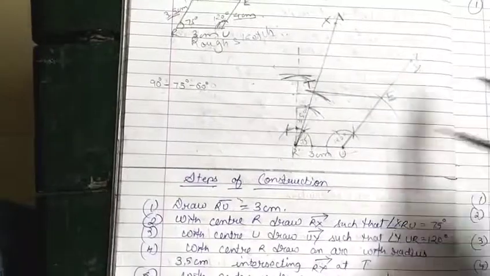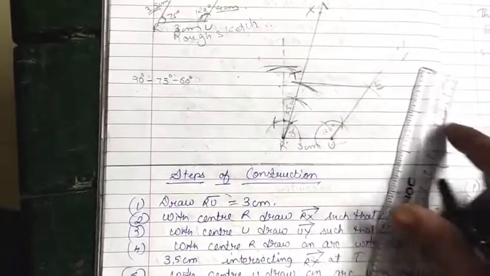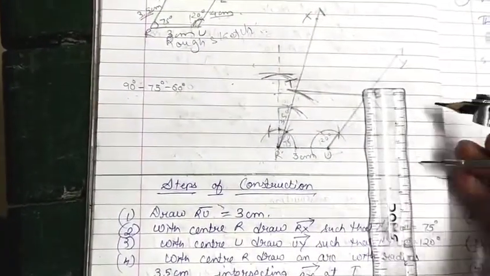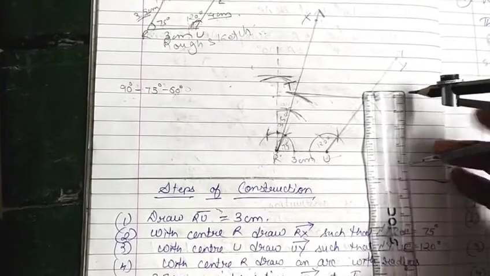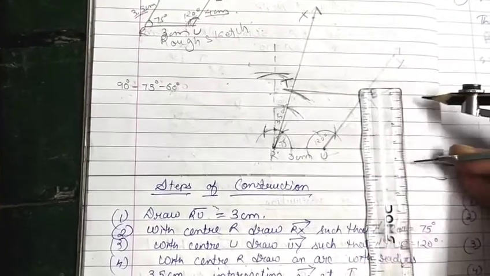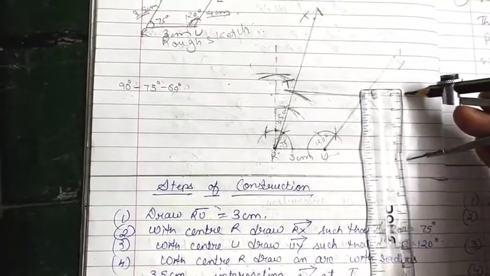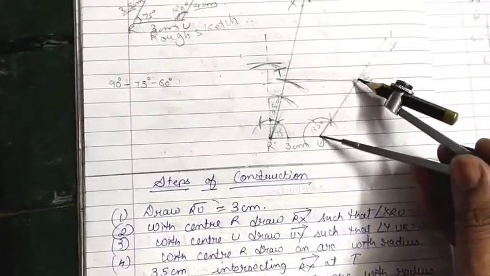Then in the same way, this side is 4 centimeter. Get 4 centimeter. Then place it on U and draw an arc.